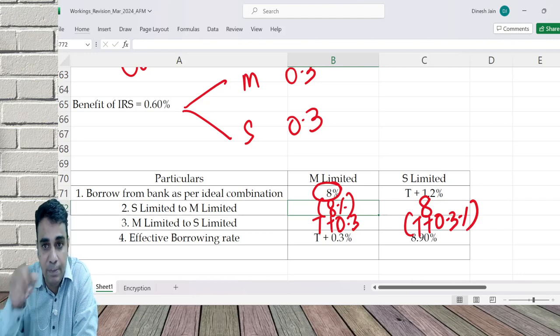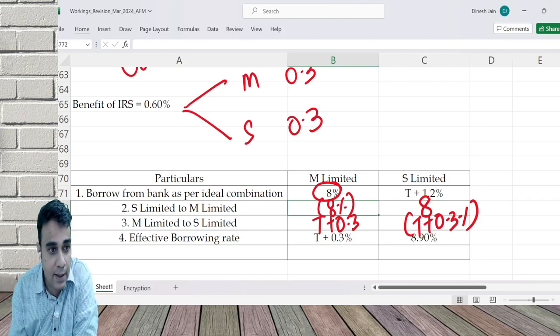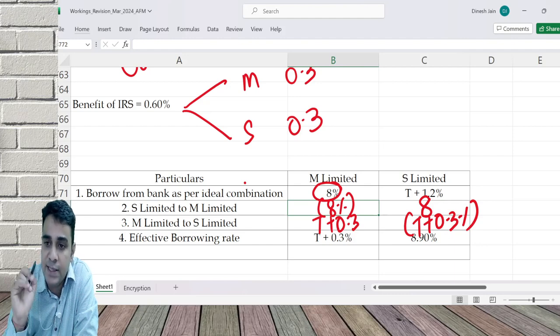See, receipt is written in bracket. Total of 8 minus 8, and T plus 0.3. Total of T plus 1.2 plus 8 minus T minus 0.3 will be 8.9.